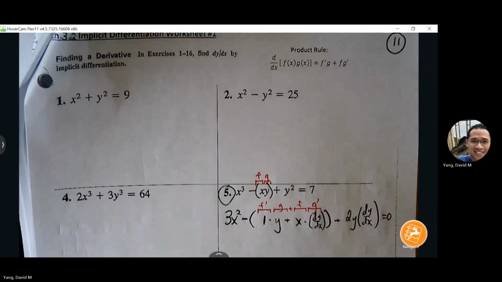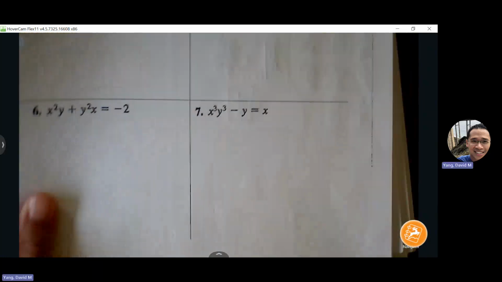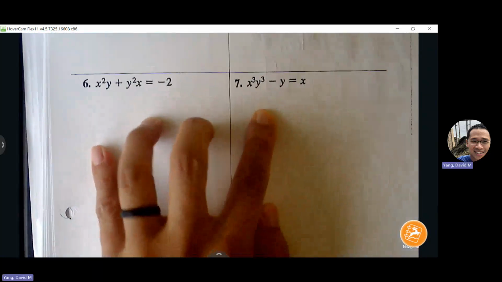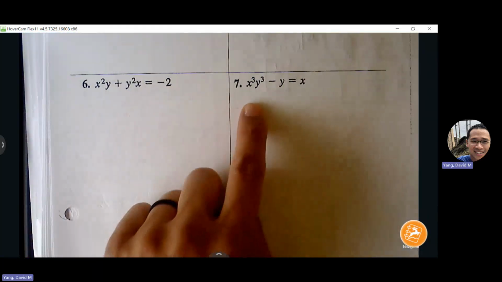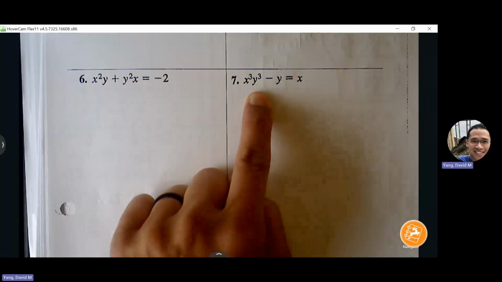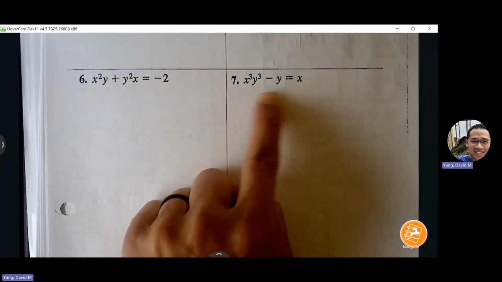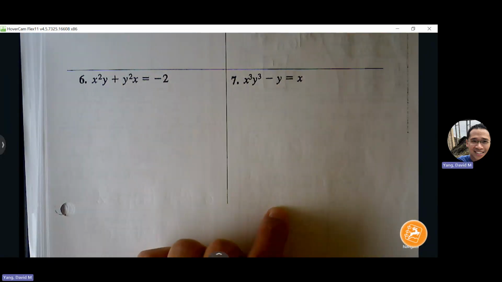Page 11. Implicit. Can we recognize implicit, and do we recognize the need for other rules? So for instance, if you look at number 7 here, if you're asked to find the derivative, what are some things that you would notice?